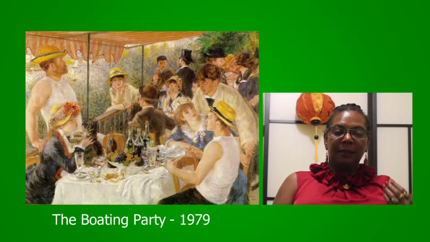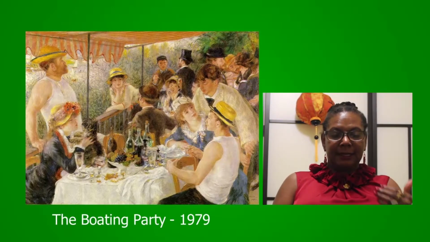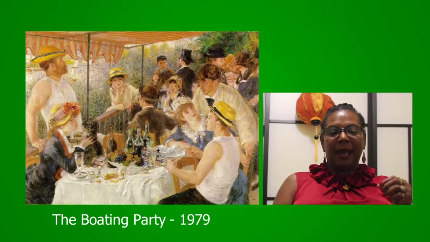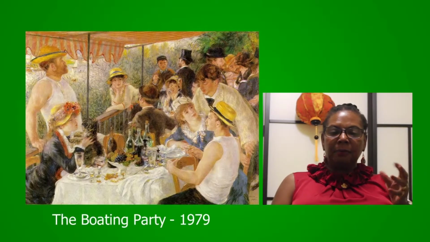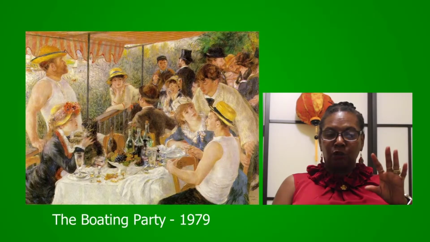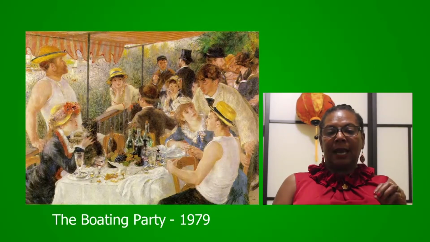So look at the woman in the front sitting at the table, and you can see that she has an orange flower in her hat, which gives us the impression that her hat is probably a straw hat because it's not a bright yellow color. Notice that there is like a gray hue in her attire.